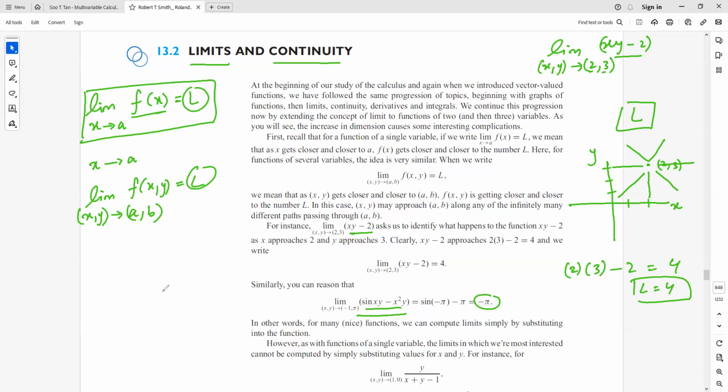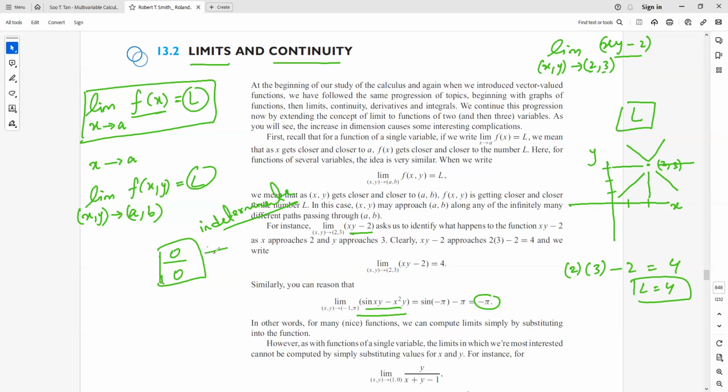Now, in the case where we have indeterminate forms, if we recall in single variable calculus, we used L'Hopital's rule, or we used some rationalization of functions to find the limits, right? Because an indeterminate form is not sufficient to tell what's going on with the function, so we need to investigate further.